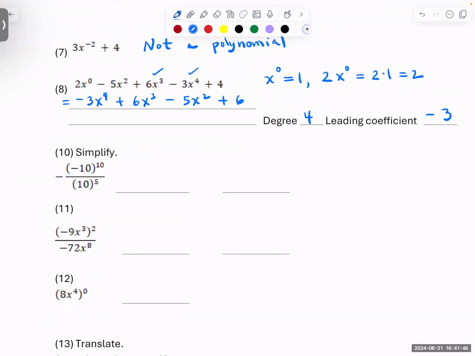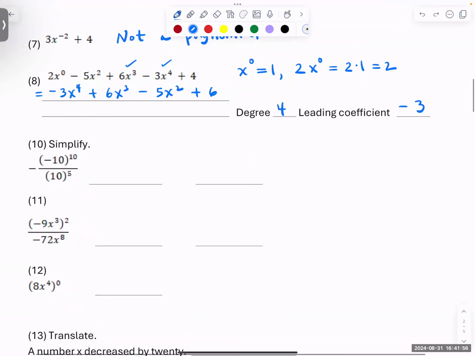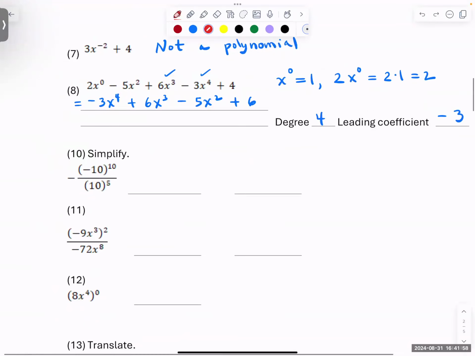Number 10. Simplify this rational expression. We're going to keep the first negative sign on the far left. Now the numerator is the 10th power, which is even, of -10, and therefore the final product after repeated multiplication will be a positive result.